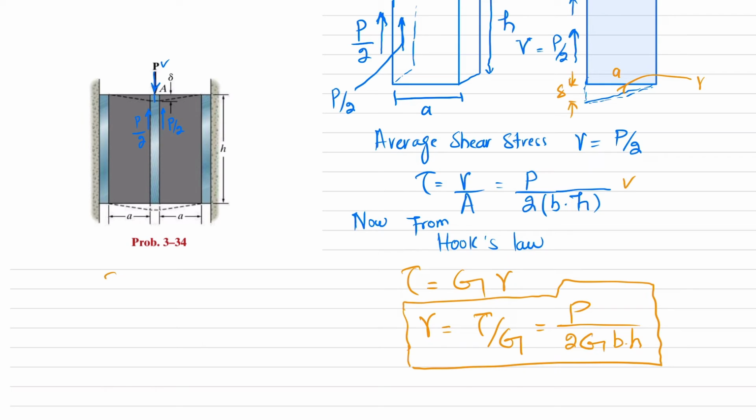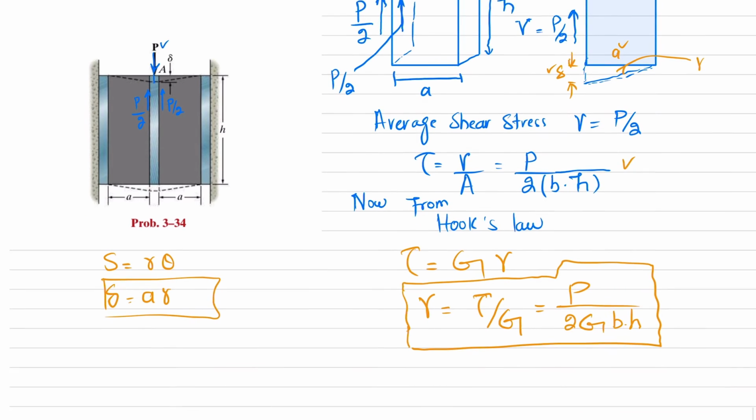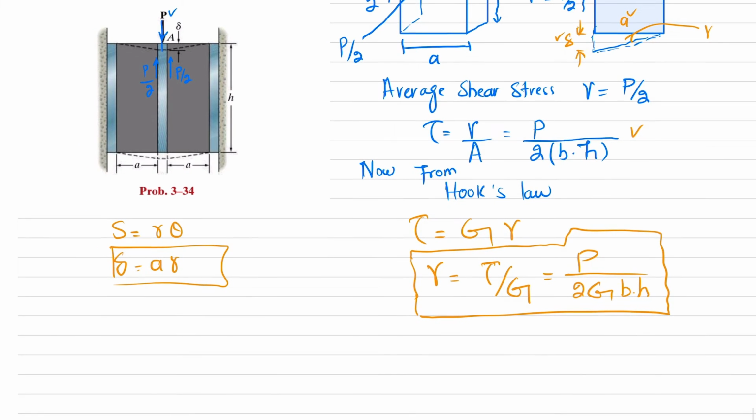And from our equation, S is equal to R theta. Here S is equal to this delta. So delta is equal to R, which is a, and theta is equal to gamma. So we will use this equation. This is not R, this is gamma, the shear strain.